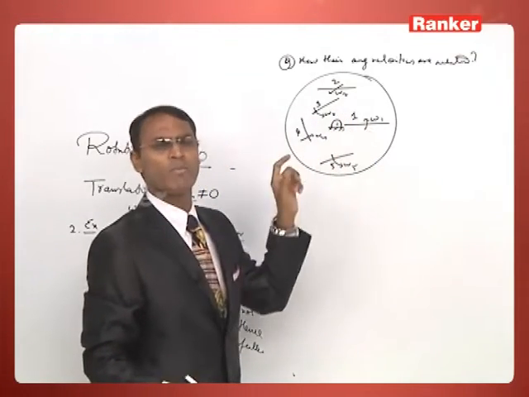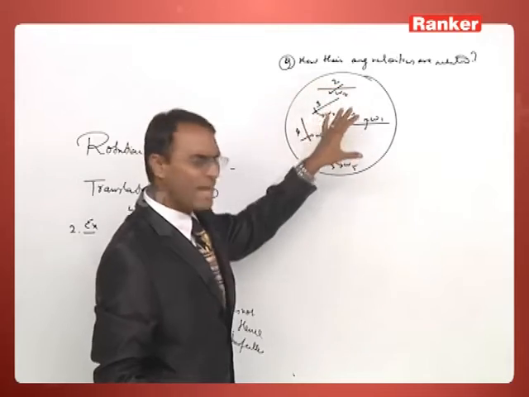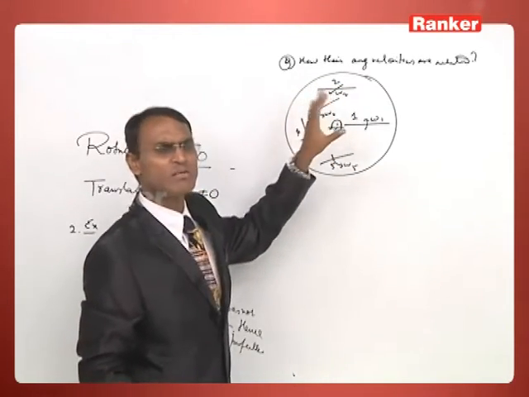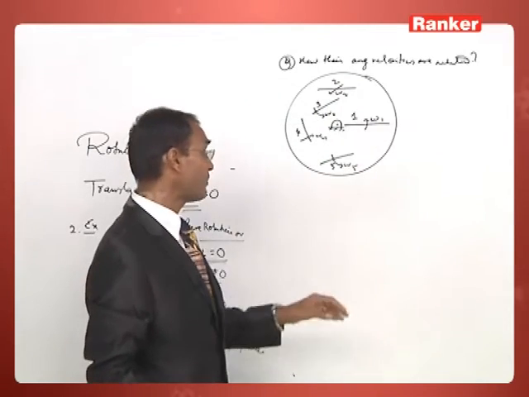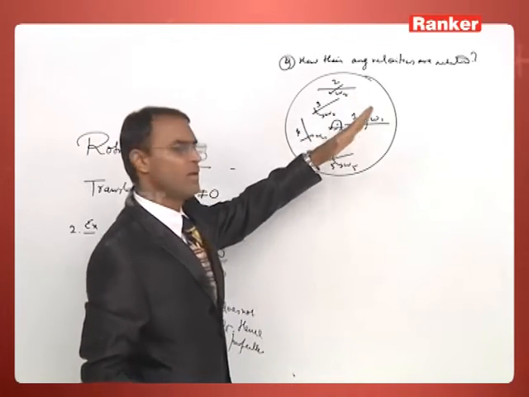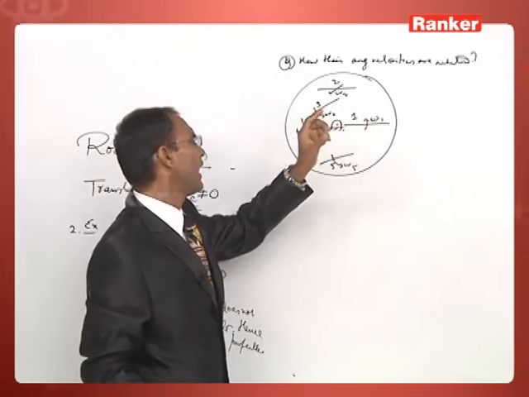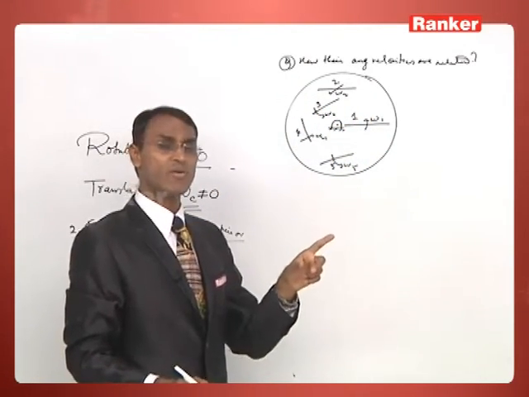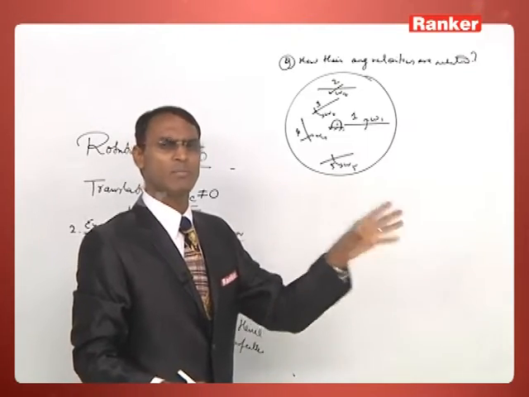As I told you, all lines are fixed with respect to each other. Therefore, when one line rotates through an angle d theta, all the lines will change their angular orientation by the same amount in the same direction.